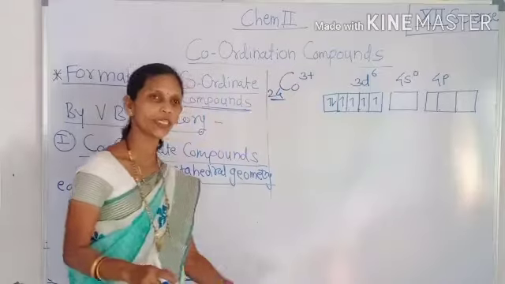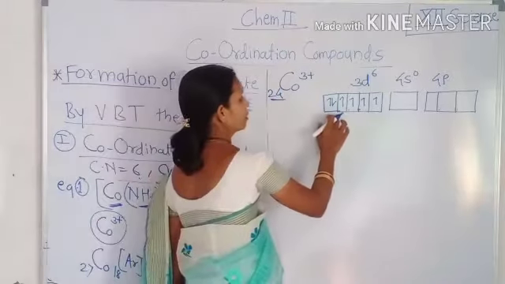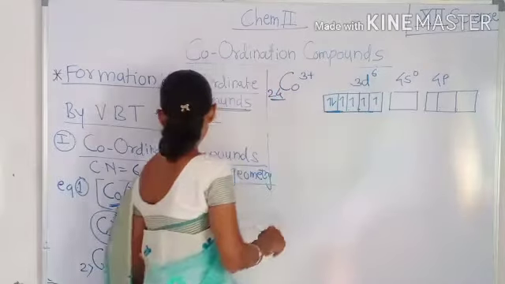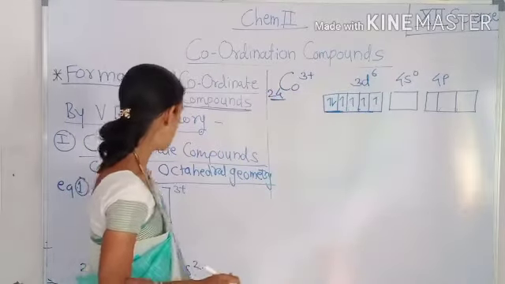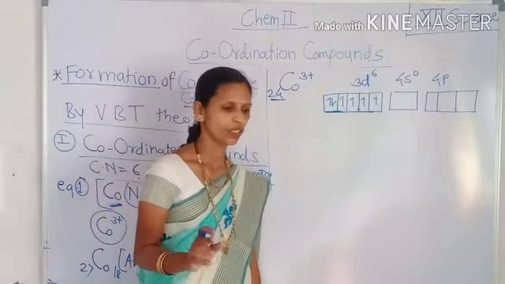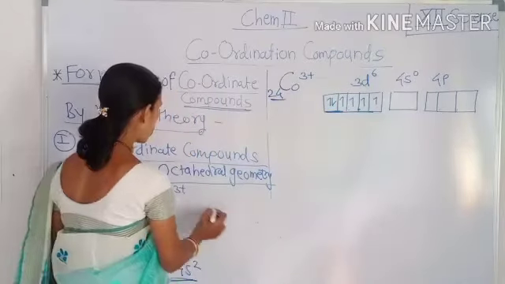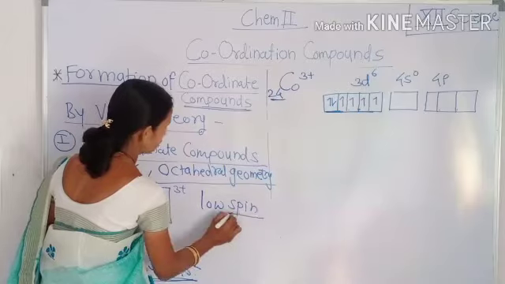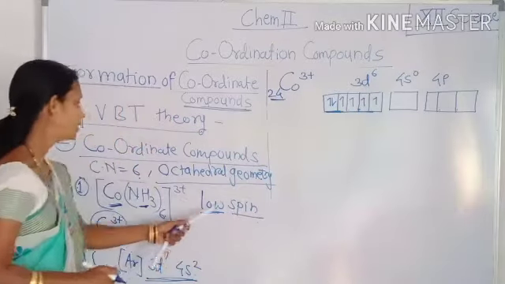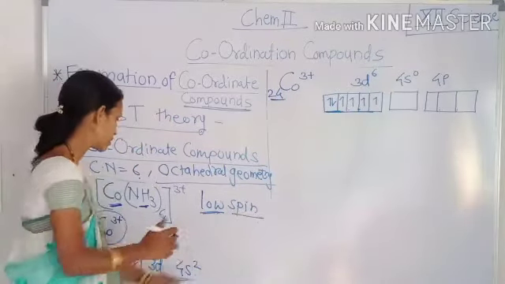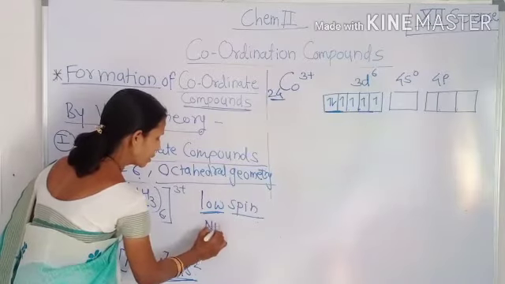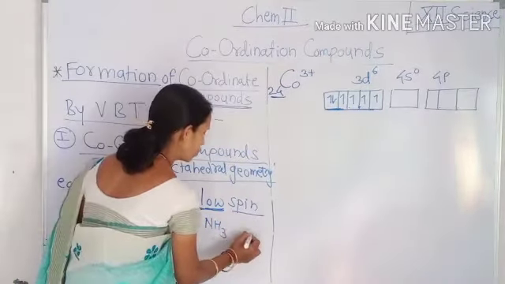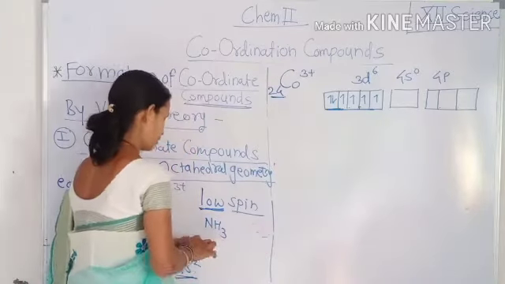But see here, in the formation of this complex [Co(NH3)6]3+, it is a low spin complex. As it is a low spin complex, NH3, that is the amine ligand, is a strong field ligand.